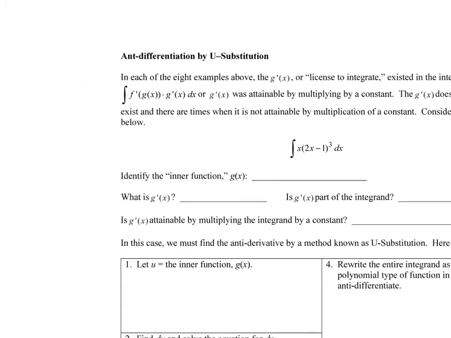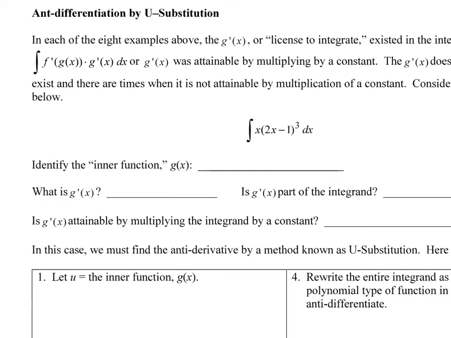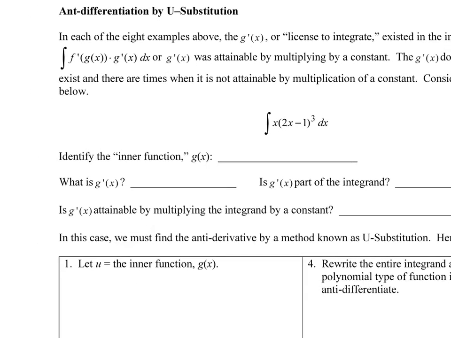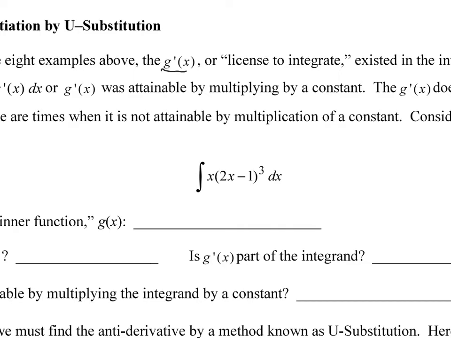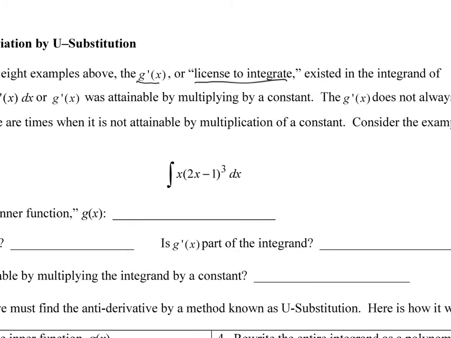He just continues this idea. Let's fill in some blanks. In each of the 8 examples above, the ones we just did, the g prime of x was a license to integrate. Oh, I love that.